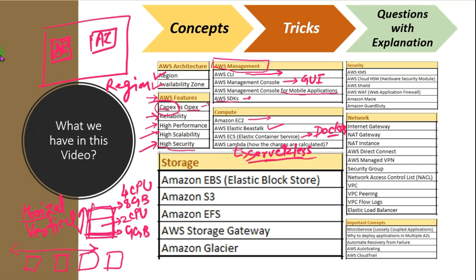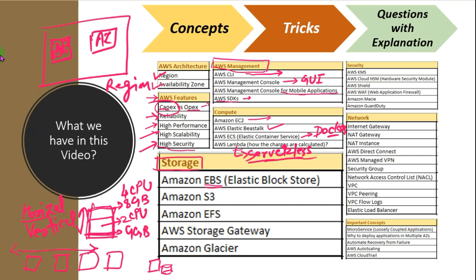Now we will talk about one more important section, or we can say the core service, that is storage. Let's understand one by one. Here we will talk about these five storage services. These are the important ones where we will cover the questions. If we talk in short about Elastic Block Store, what actually it is: when we create any instance, your OS will be installed somewhere in storage, right?